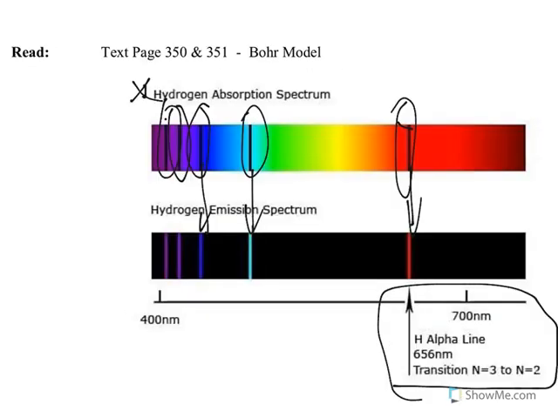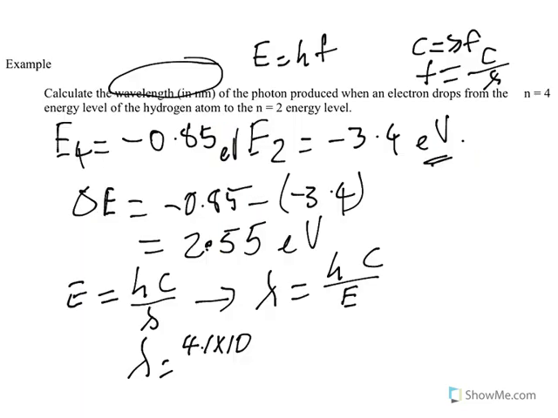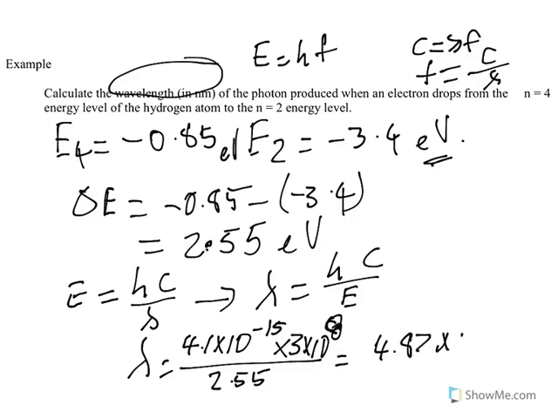Let's go back to the end here. 4.1 by 10 to the minus 15 times 3 by 10 to the 8 over 2.55, which comes out to be 4.87 by 10 to the minus 7 metres.